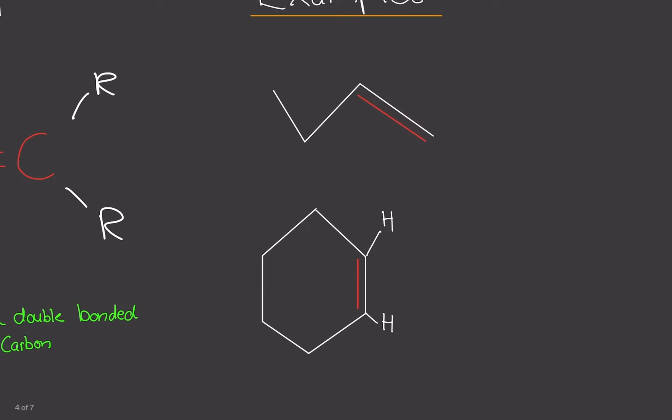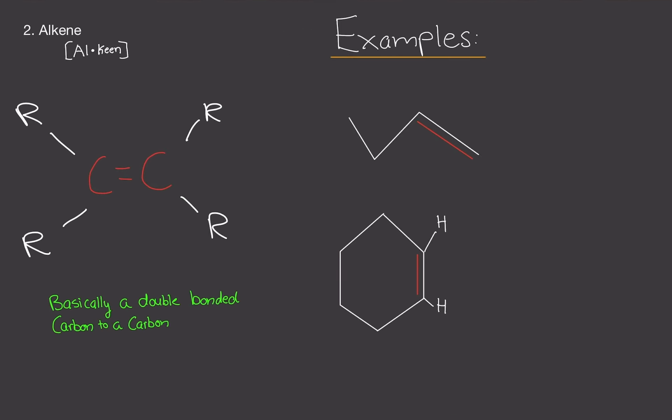Here as well: carbon, carbon, double bond. So that is an alkene. It's just 2 carbons that are double bonded to each other, and they can be surrounded by anything. Those carbons can be connected to anything. That's an alkene. Not bad, right?